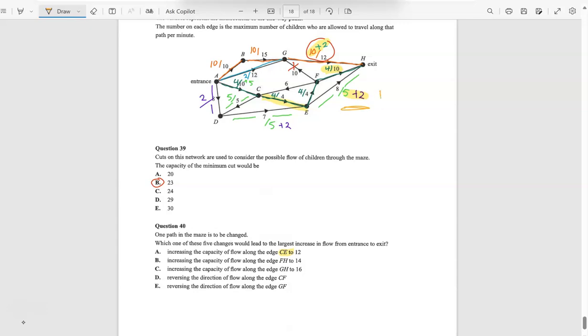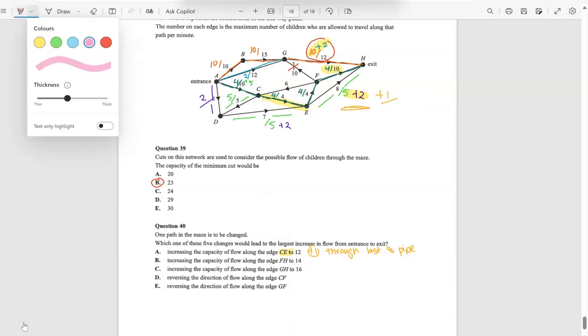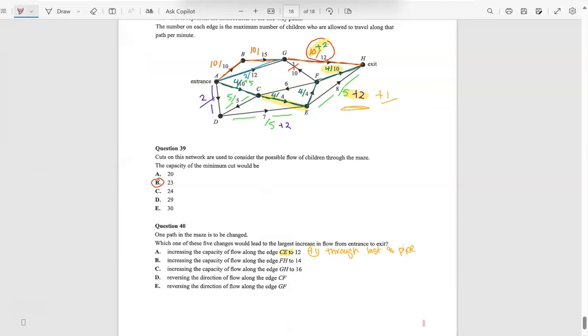It could add 1 more there. Would you agree? Yes? So it'll add 1 through the last pipe, so through the last 8 pipe. Just so you can see what I'm doing. So that one added 1. Doing that adds 1.